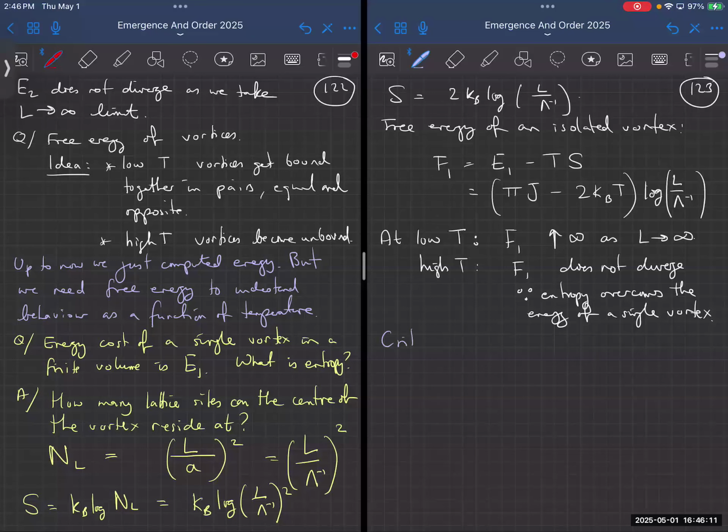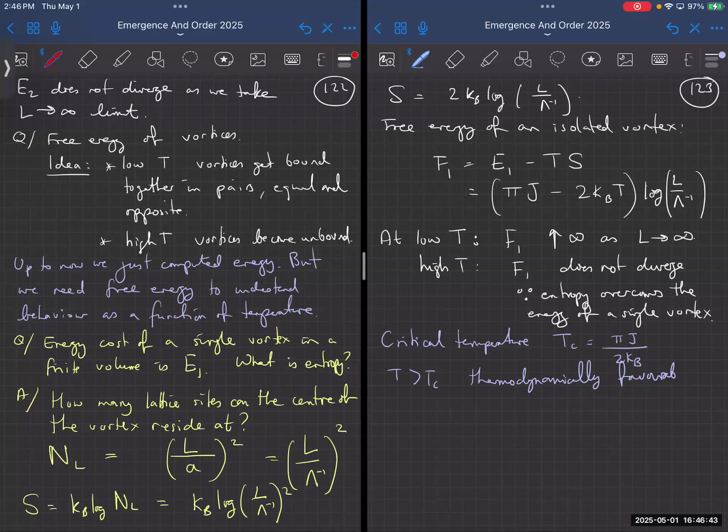There's a critical temperature Tc is pi j over 2 kB, and so what we found is that for T greater than Tc, it is thermodynamically favorable to have single vortices floating around.